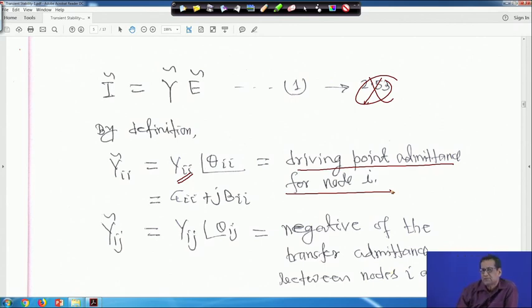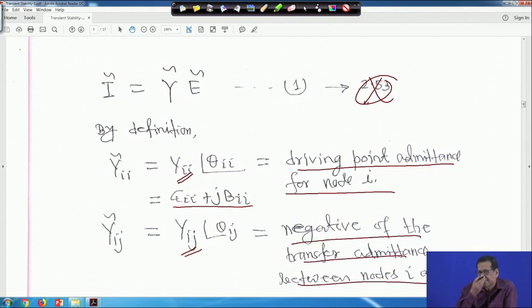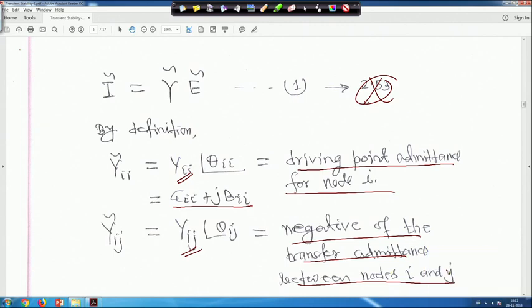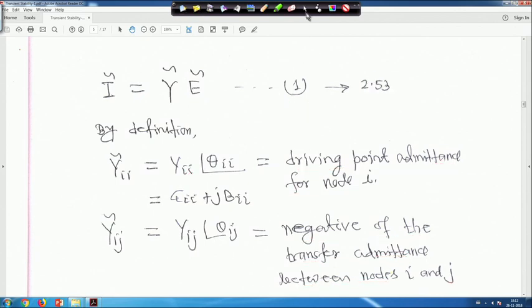This we can write as Gii plus jBii, and Yij tilde is equal to Yij angle theta ij. So, Yij is the magnitude and theta ij is its angle; it is the negative of the transfer admittance between nodes i and j. This also you know from your load flow studies. So, this is equation 1.